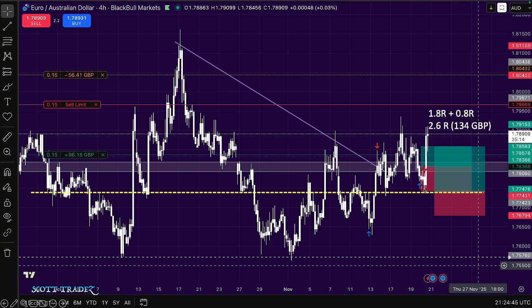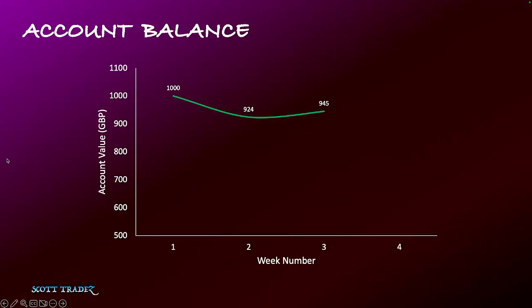So what would have happened is I would have triggered re-entry for a second position, and then this big candle shot up, and that would have been all she wrote. I would have been flying into profit land, but I'm not, because I'm shit at trading at the minute. And hence why that's not moving very much.